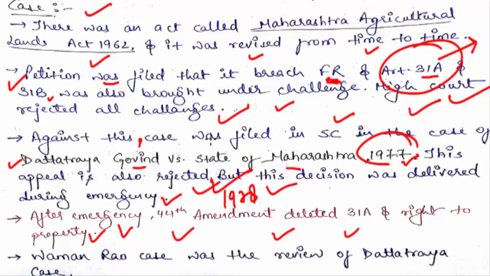Now, since Article 31A is itself deleted, the petitioner again goes to court for the review of the Dattatreya case, and the Waman Rao case was the review case of the Dattatreya case, right? I hope I made it clear what the Waman Rao case was. Waman Rao case was the review case of the Dattatreya Govind case, right?